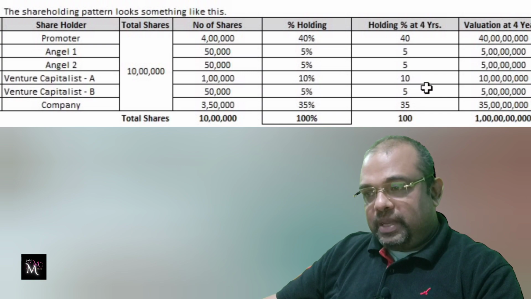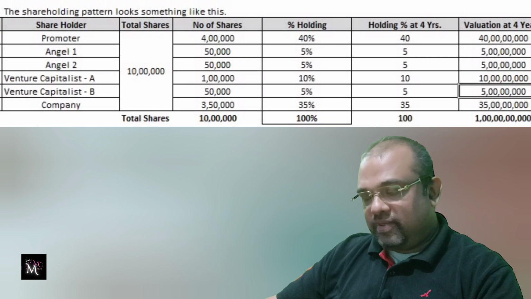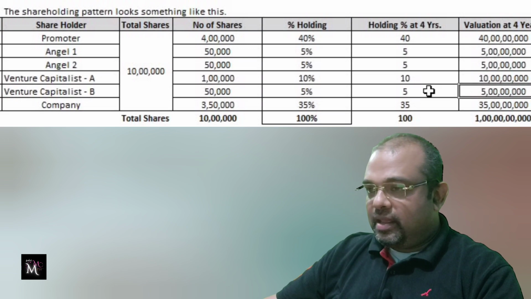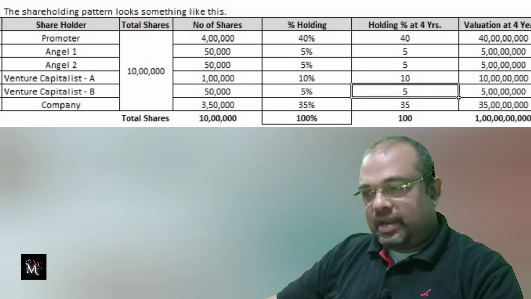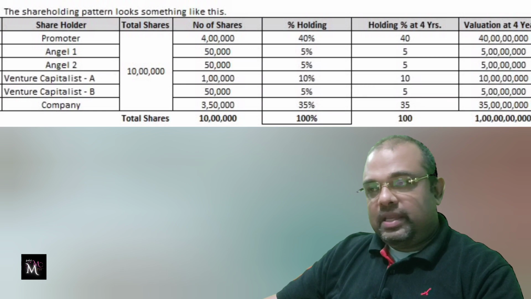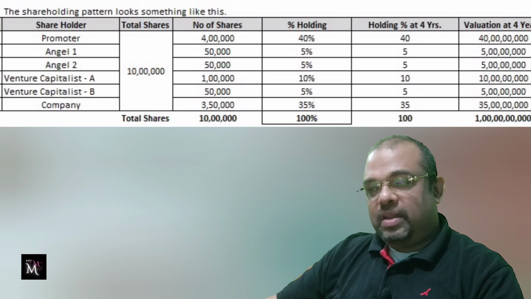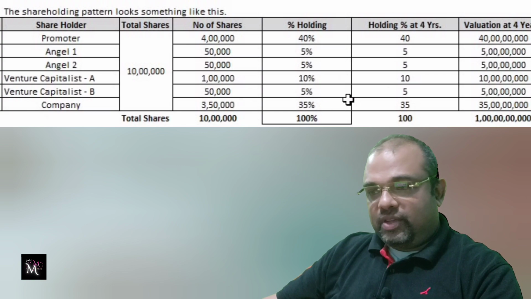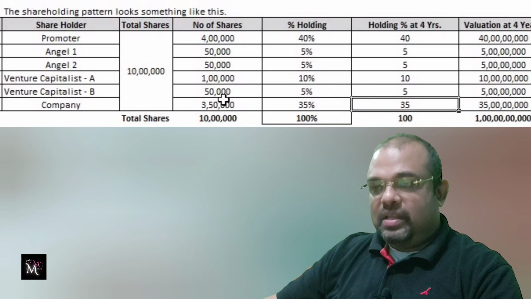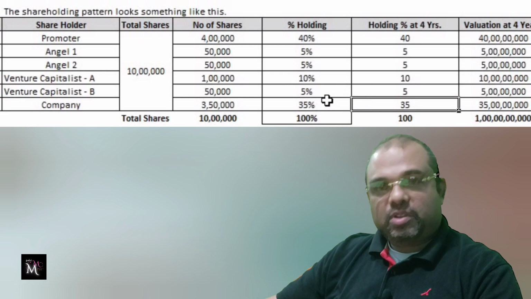For venture capitalist B, who has just come in, who has put in 5 crores of funding and has taken 5%, he has just paid the money, so for him there is no wealth appreciation. For the company, again, of course, there is 100 times appreciation.